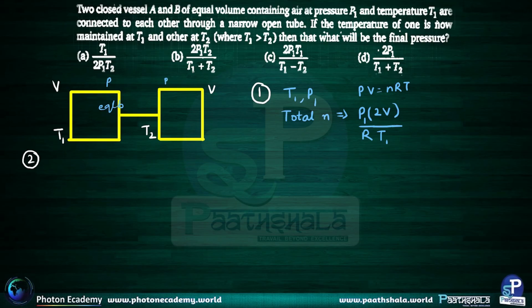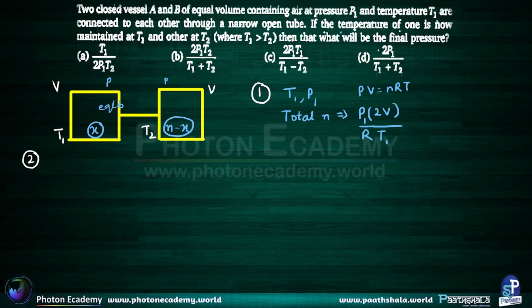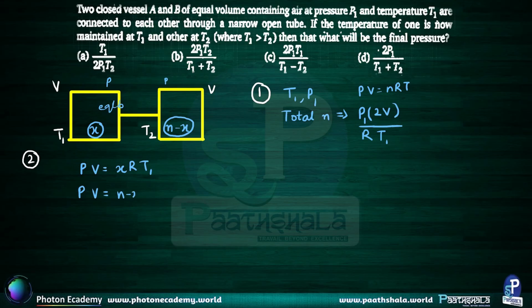So we can say that if x number of moles remain here and n minus x go here, for container 1, P into V is equal to xRT1, and for container number 2, P into V is equal to (n minus x) times RT2, right?